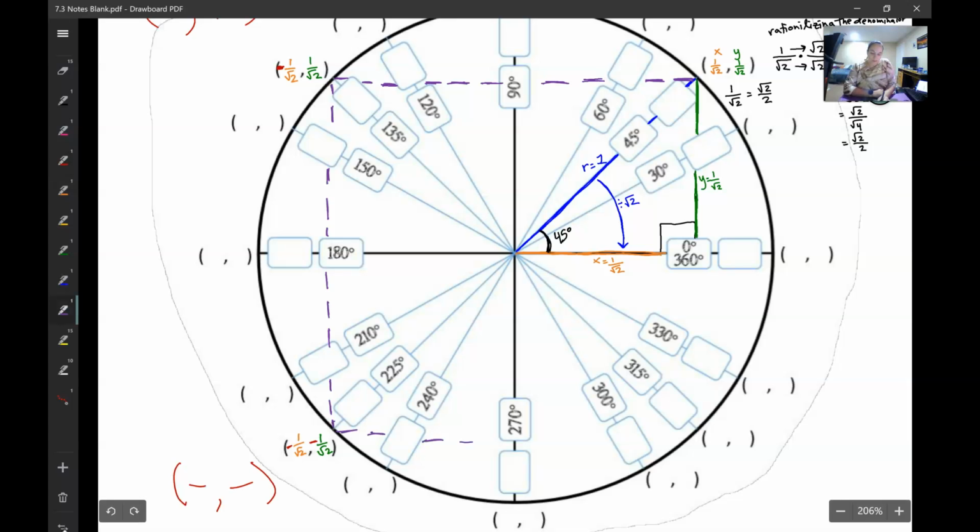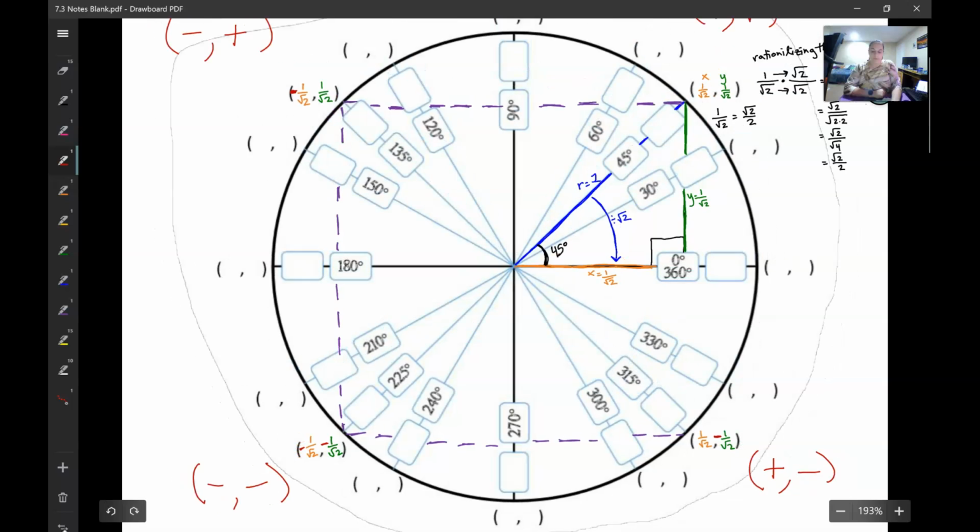Let's reflect this point this way. So if I reflect it there, now it's going to line up with 315. So 315 is going to be the same point, except in this quadrant, my x values are always positive and my y values are always negative. So I'm going to add a negative in front of the second one, the y value.